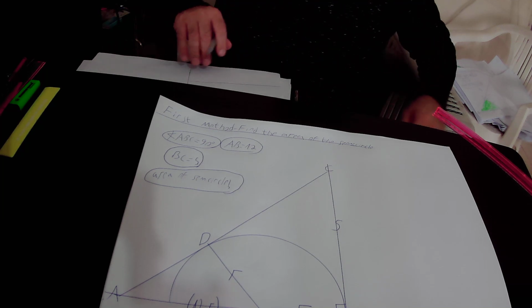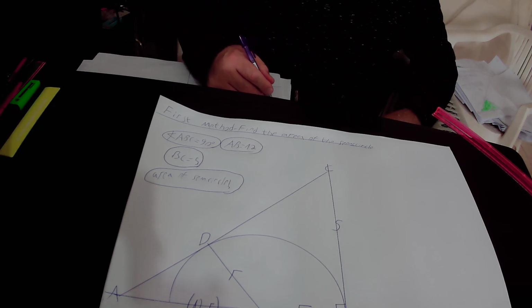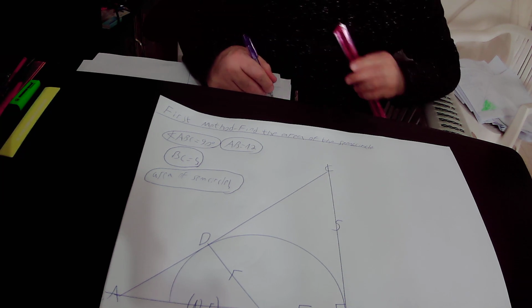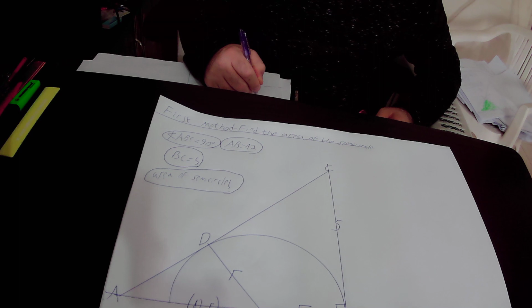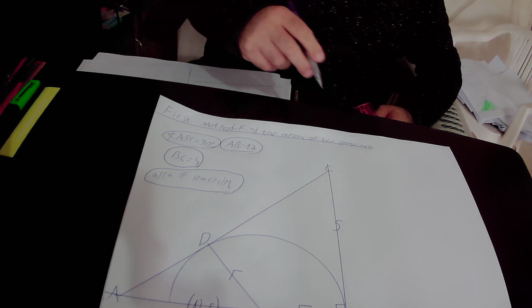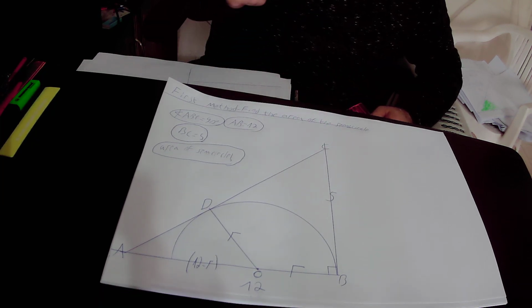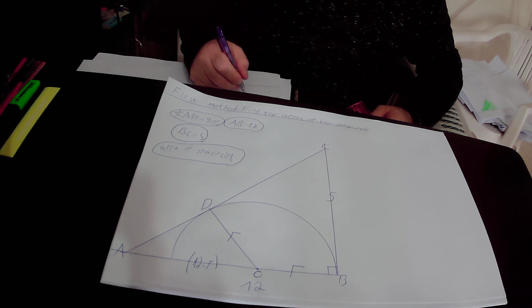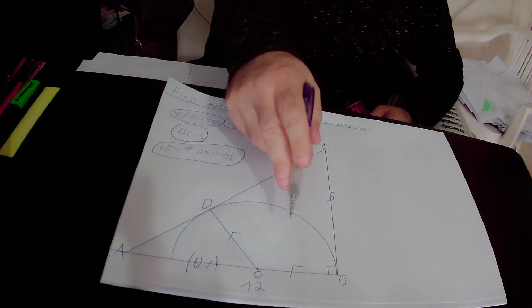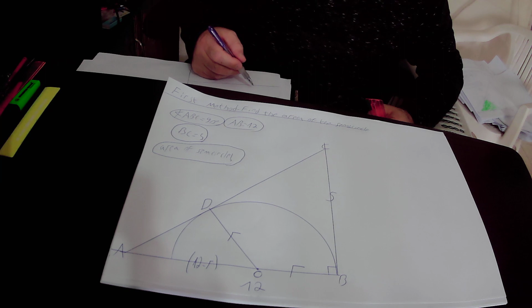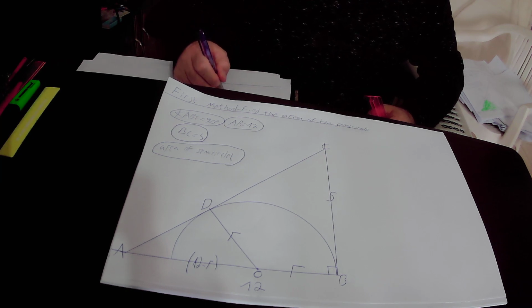So CA square equals CB square. CB equals 5 units. It is given in the question. So CB square is 5 square, and 5 square is 25, plus BA square. BA equals 12 units. It is given in the question. So BA square is 12 square. 12 square is 144.